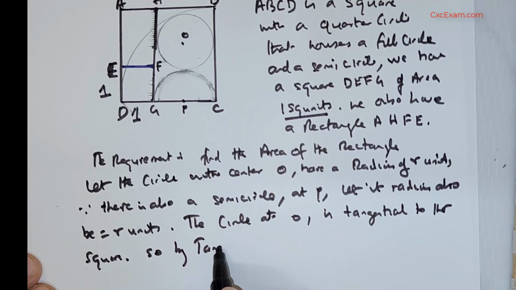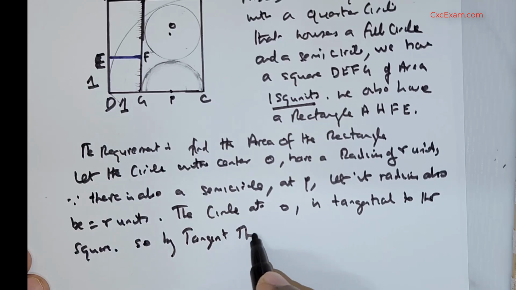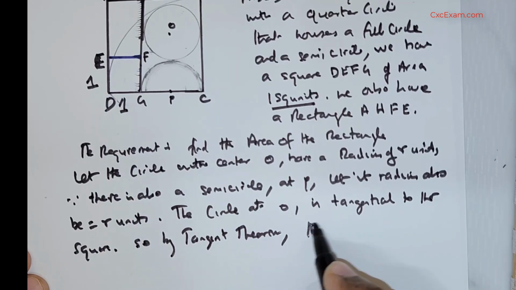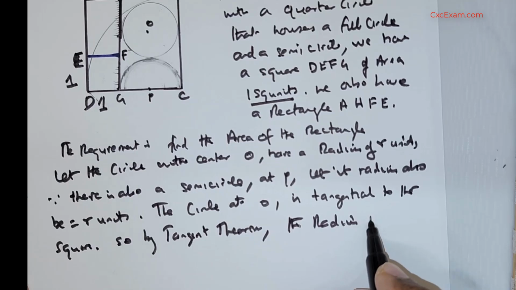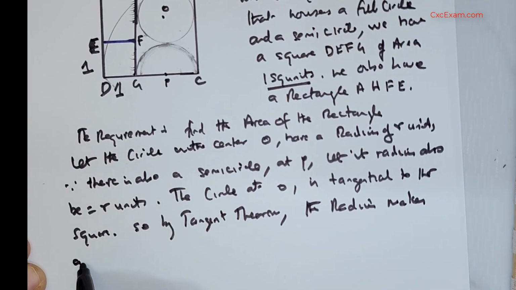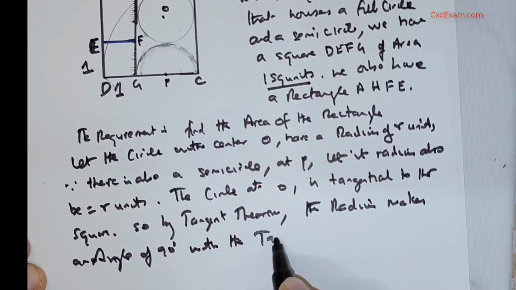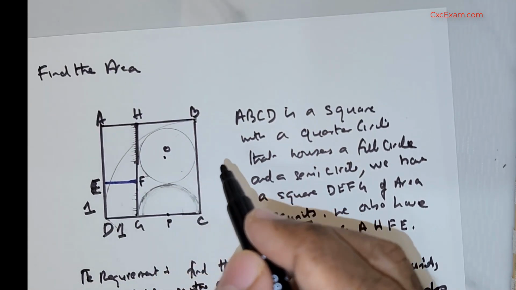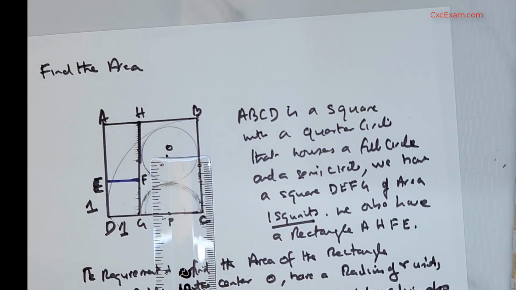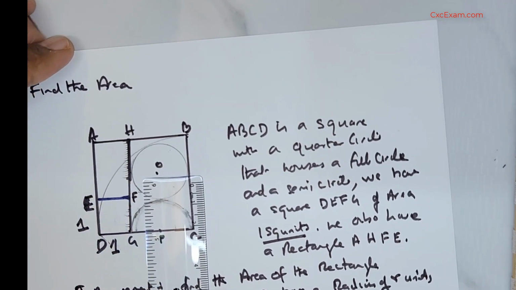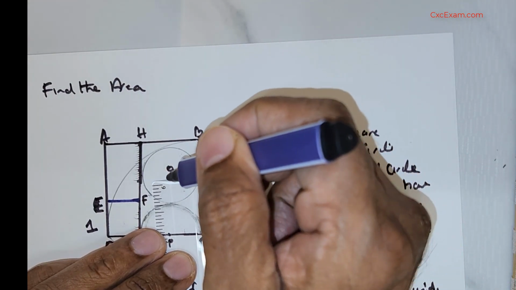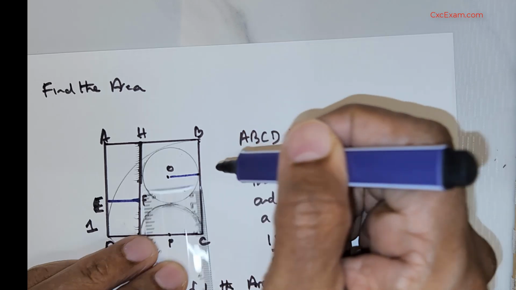So by tangent theorem, the radius makes an angle of 90 degrees with the tangent. Okay, so there is a 90 degree mark here. So let me use this color. So there is a 90 degree mark here.